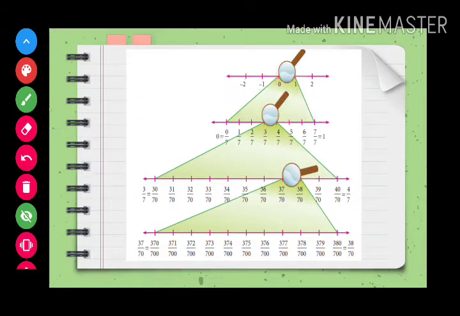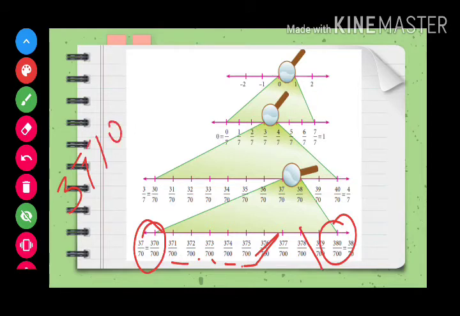Same way 38 by 70 will give us 380 by 700. So between 370 by 700 and 380 by 700 we can have 371, 372, 373, 374 and so on. Again we can further divide this into 377 by 700 and 378 by 700.